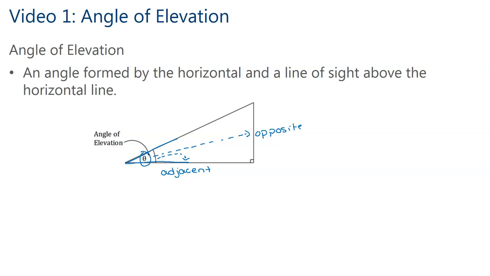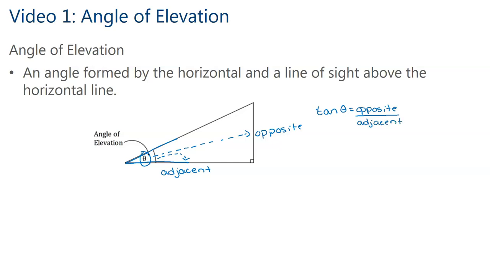Now there's a special relationship that exists between this angle of elevation and these two sides, and that's called the tangent ratio, or just tan. Tan is equal to the opposite side divided by the adjacent side.